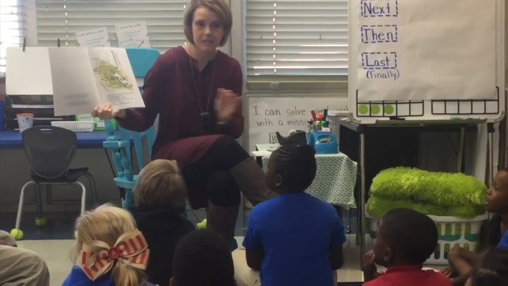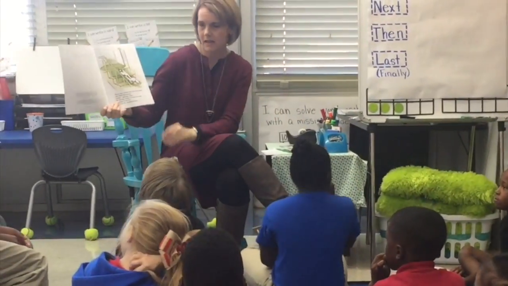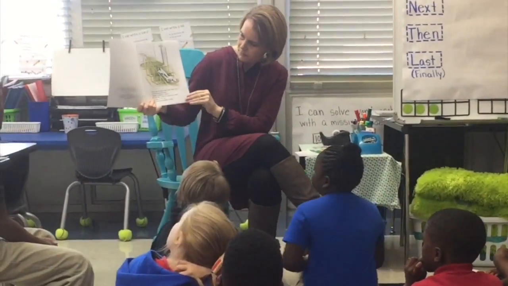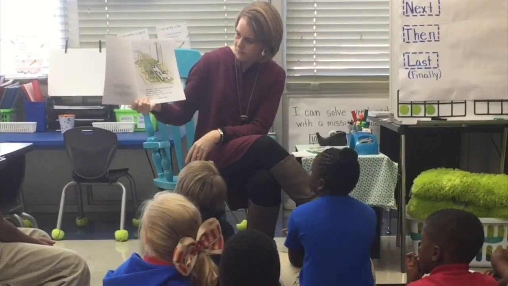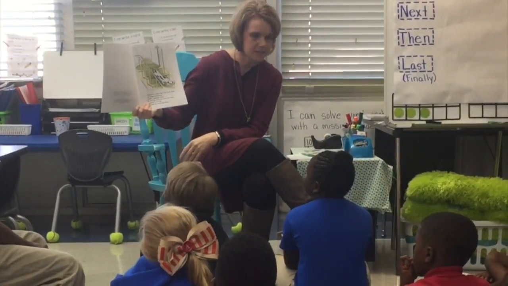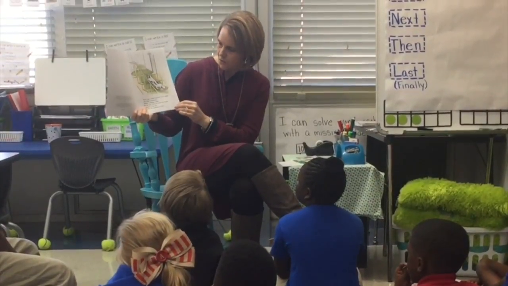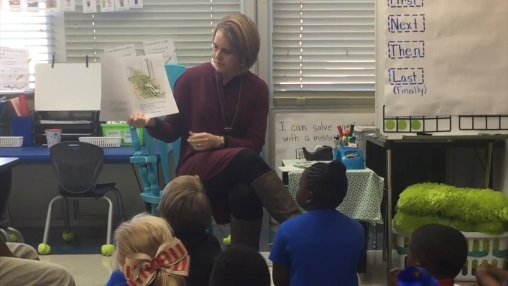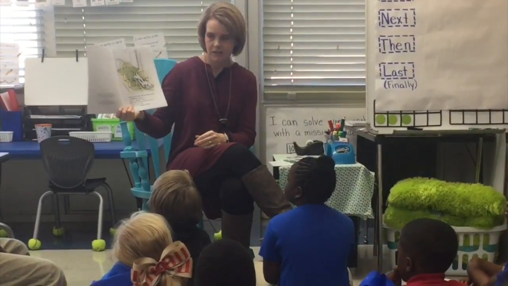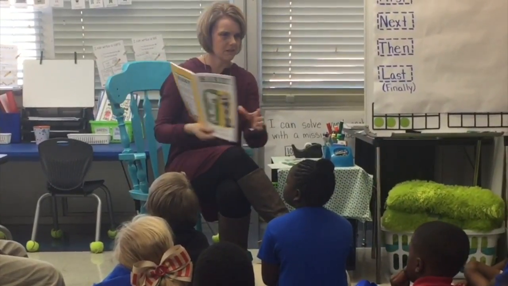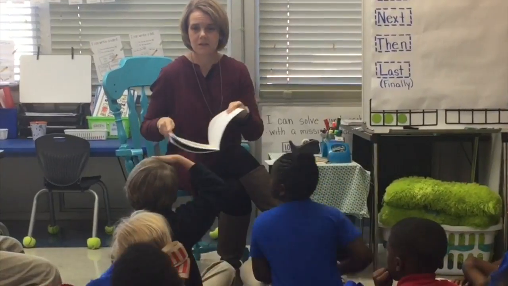As we read, let's think about the order that these things happen in the story. Harry was a white dog with black spots who liked everything except getting a bath. So one day when he heard the water running in the tub, he took the scrubbing brush. How do you think he took the scrubbing brush, Austin?